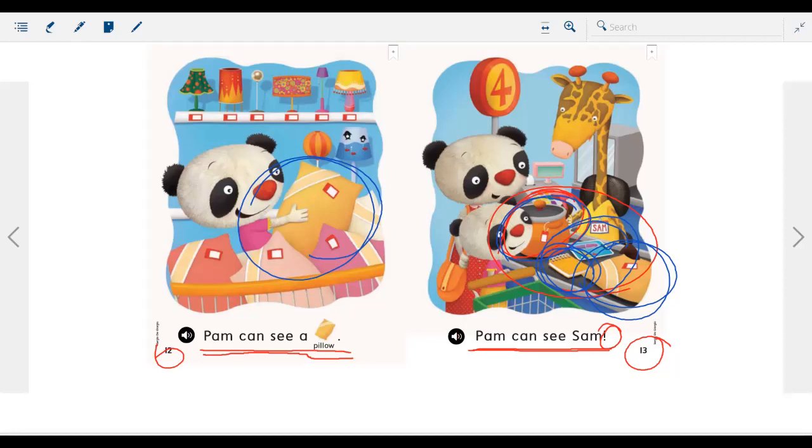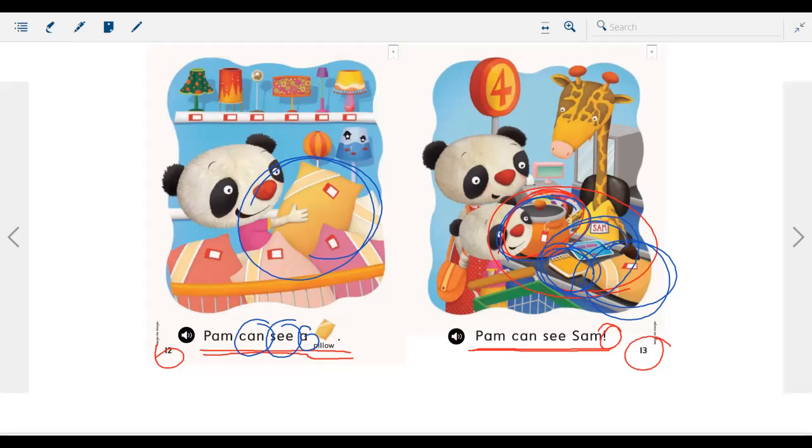All right, I want you to practice rereading that story. And I want you to read the high frequency words quickly. So when you see a high frequency word, I want you to read it fast. A is a high frequency word. C is another word that we're learning. Can is another high frequency word. So as you read, I want you to read the high frequency words quickly, okay?